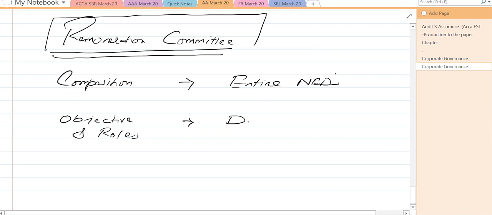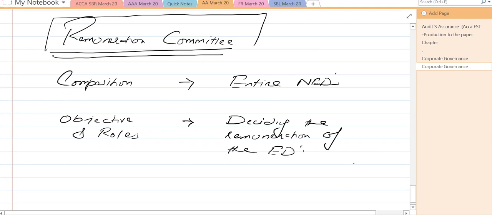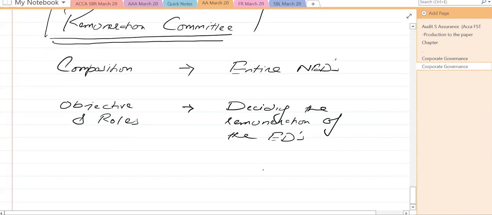So the objective is deciding the remuneration of the EDs. And then some other roles such as setting performance targets. Like I told you, the main remuneration of the ED is performance related.